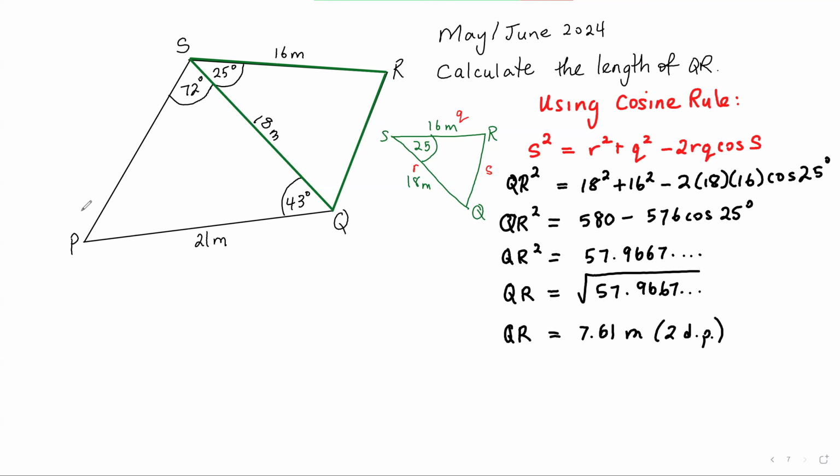Let's do that. This is not part of the question, but let's just use the sine rule because we should. We learned how to use it anyway. If I had to use the sine rule to find the side SP, I will be looking at this triangle here, triangle SPQ.